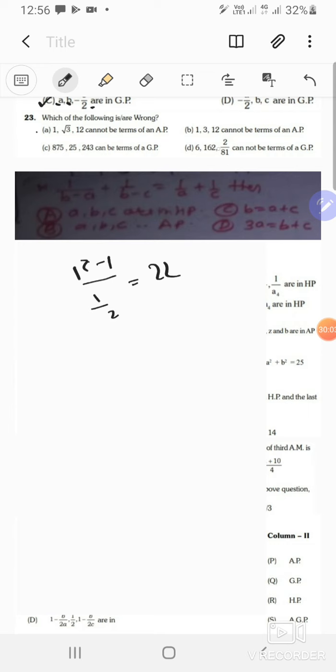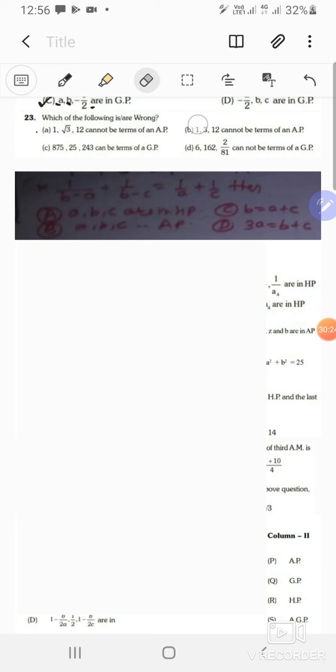So you need to take 22 jumps from 1 to reach 12. Is it? Yes, that should be correct. And why not? These can obviously be terms of an AP. So this thing is wrong.